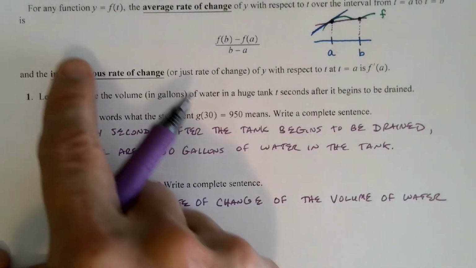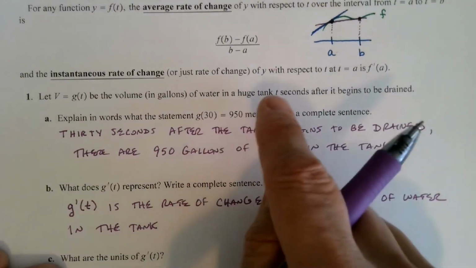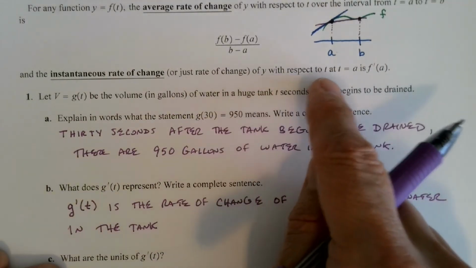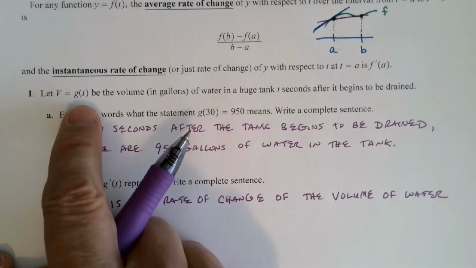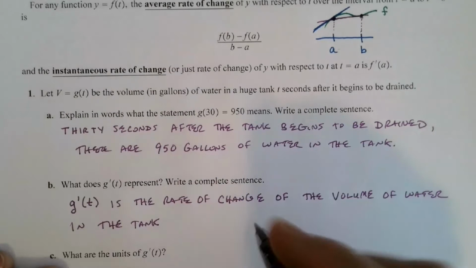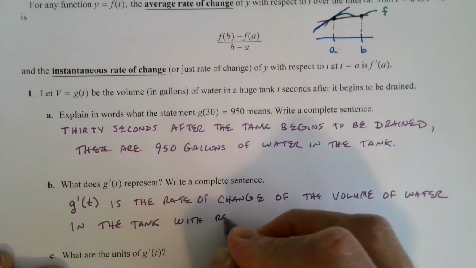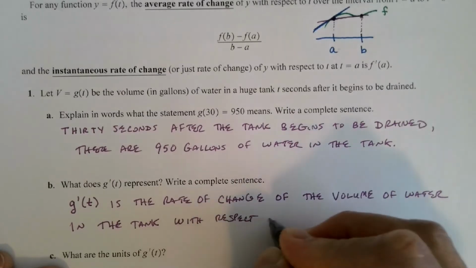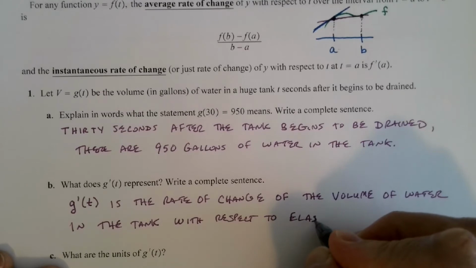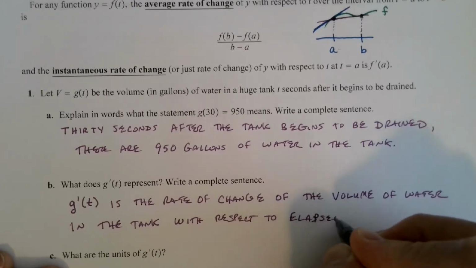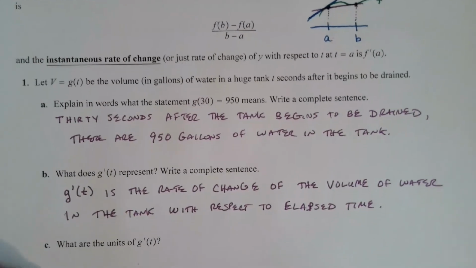V is g of t, which is the volume of the water in gallons in the tank, with respect to what? T. So what are we with respect to here? With respect to t here as well, and so that represents what? The time. So with respect to, and I'll say elapsed time, since it's the number of seconds since. Okay, with respect to the elapsed time. So that's what it means.